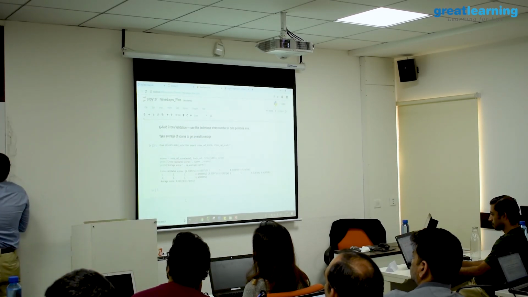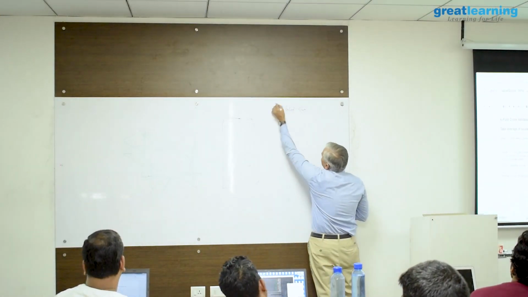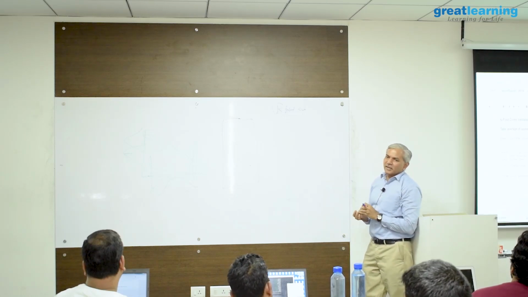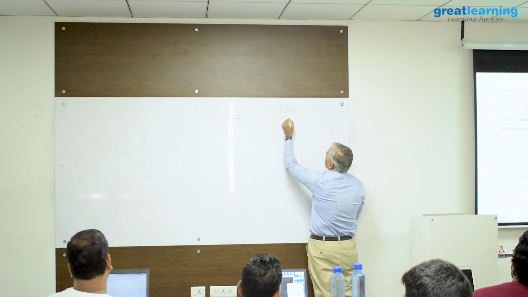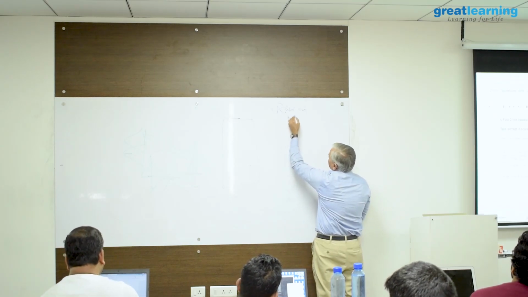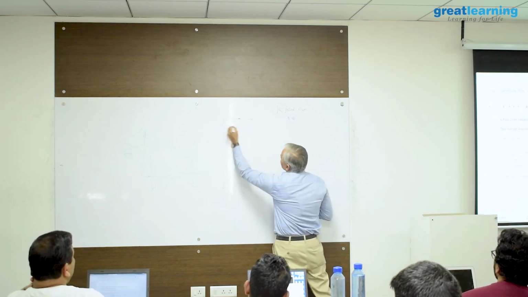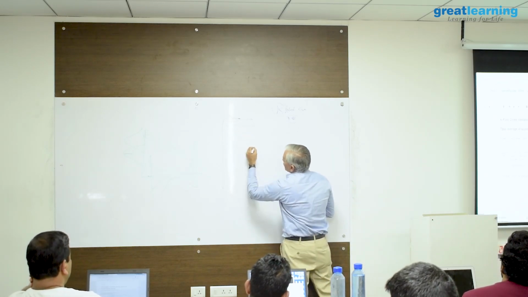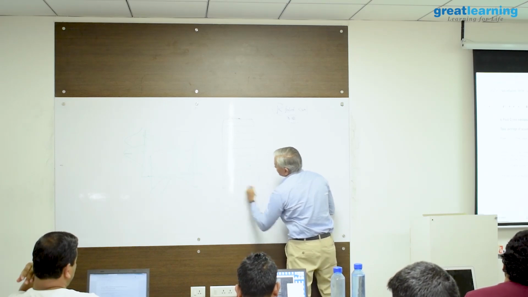I have this data set with me. Suppose in k-fold CV, k stands for an integer number, just like in k nearest neighbors. Suppose I say k is equal to 10. Usually we take 10 as reliable. It's going to break your data into 10 equal pieces, 1, 2, 3, 4, 5, 6, 7, 8, 9, and 10.